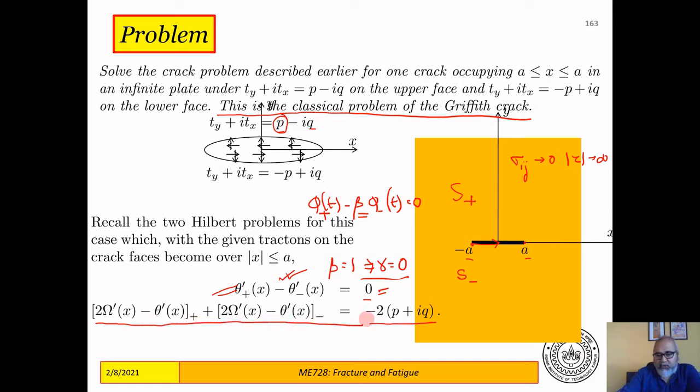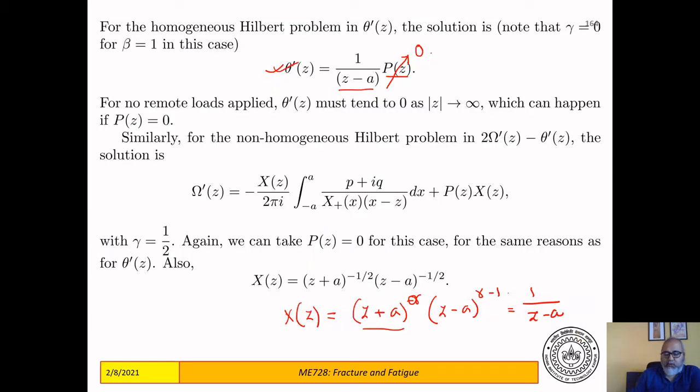The solution to this problem is also known to us. So this is the solution. If you look at the inhomogeneous Hilbert problem solution, here X(z) is your Plemelj function. You have P(z)X(z) here, and this is the integral that you need to evaluate between minus a and a, the domain of the crack, being the length of the crack, where you have jumps in quantities.